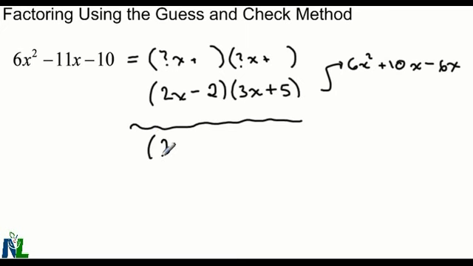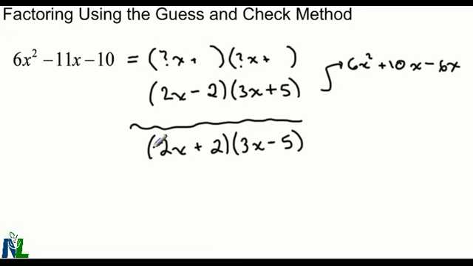I'm going to keep 2x and 3x where they were, and I'm going to keep the 2 and the 5 where they were. What I'm going to do this time is make this a positive 2 and make this a negative 5, and see if that changes anything.